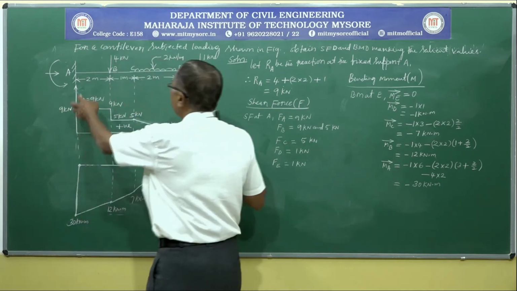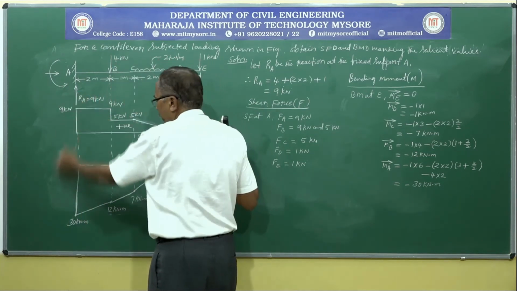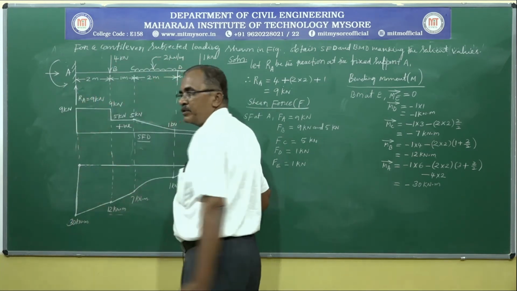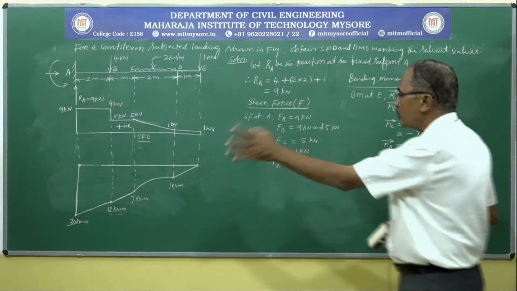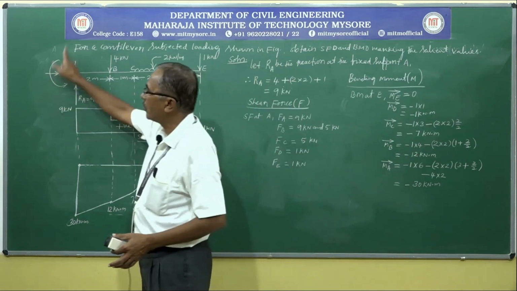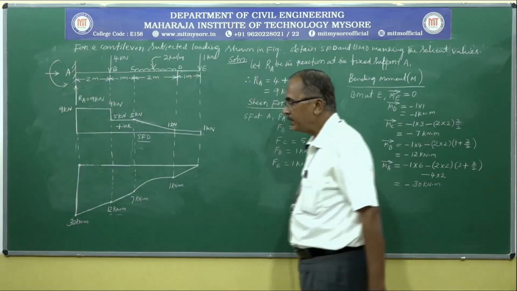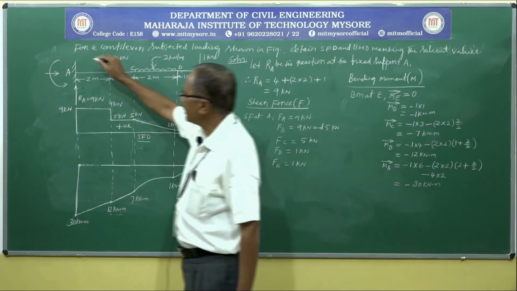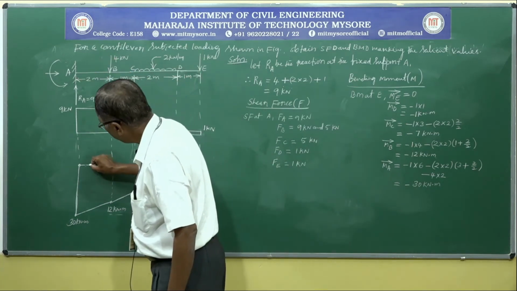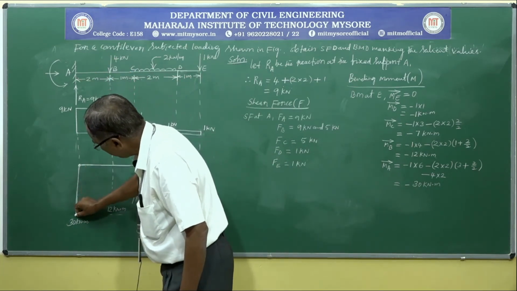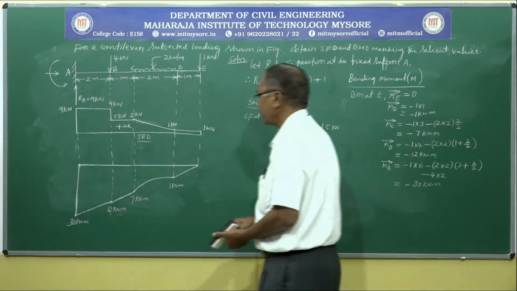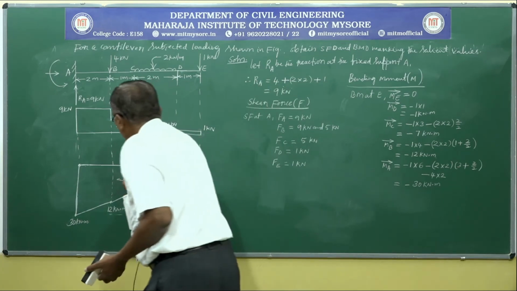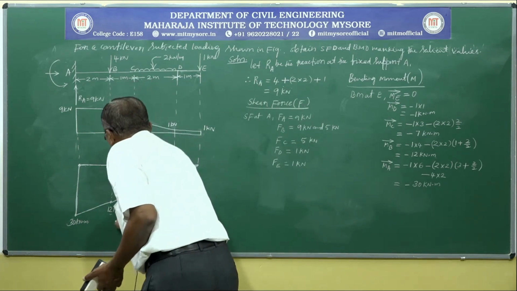And also we know that there is a moment. Because of this moment, the variation of the bending moment diagram is a vertical line. So we are not showing this in the beginning just to avoid the confusion. In the end, with this assumption, we can simply join from 30 kilonewton to 0. So this is the bending moment diagram.